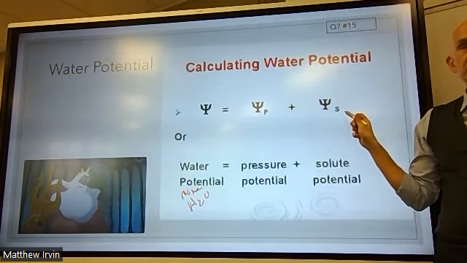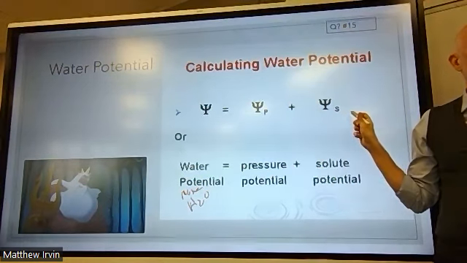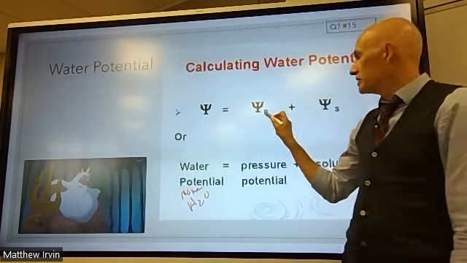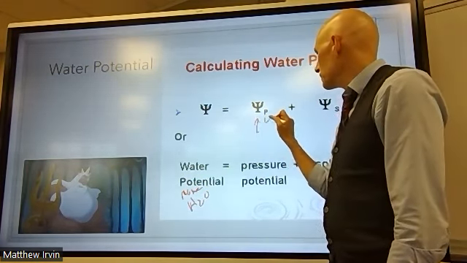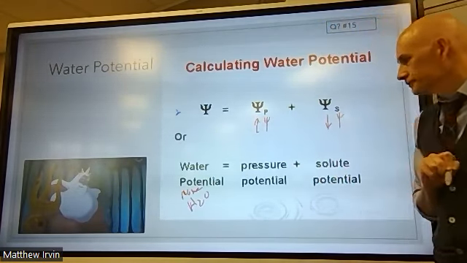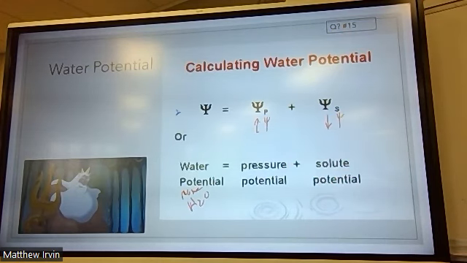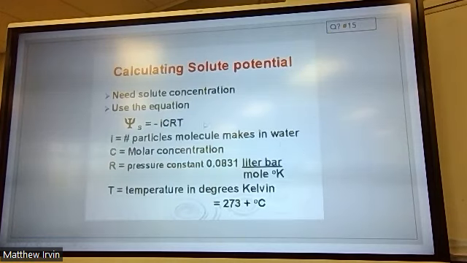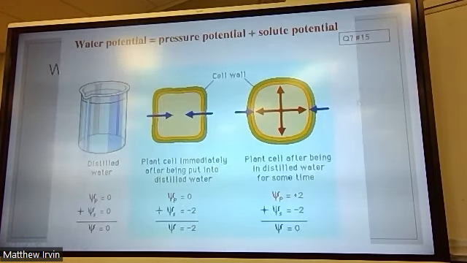But if there's more salt, it's going to move towards it. So pressure increases water potential. Solute lowers water potential. And so then the combination of the two determines which way the water is going to flow. So when we do our math unit, we're just going to talk about this as a concept now. When we do all the math reviews, then we'll go over this equation and how to use it. So we'll talk about that later.